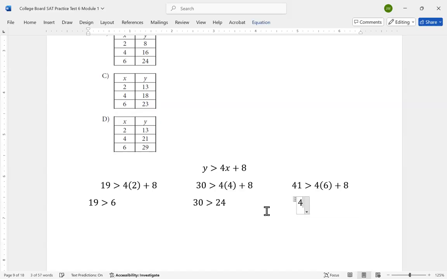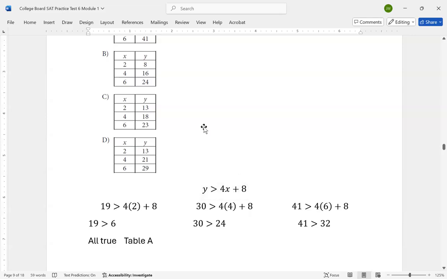For the last one, we have 41 is greater than 4 times 6 plus 8, which is 32. That's good to go. Since all are true for part A, then we know that the table works.